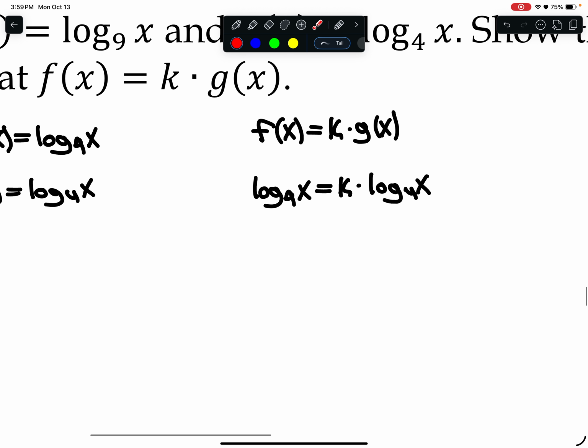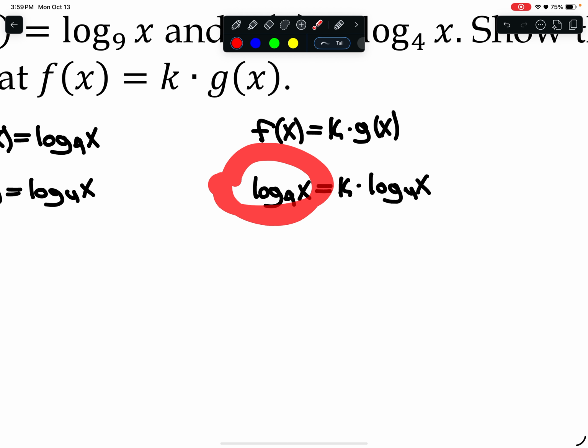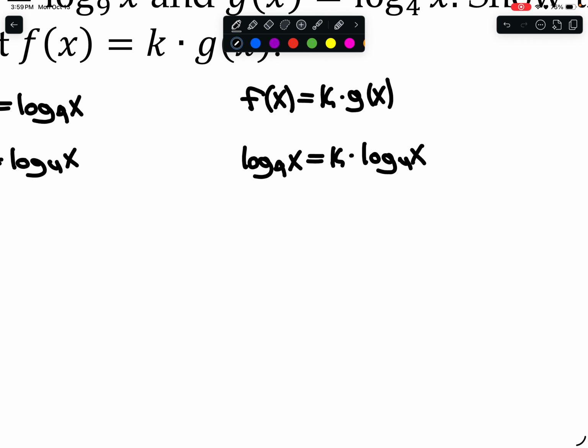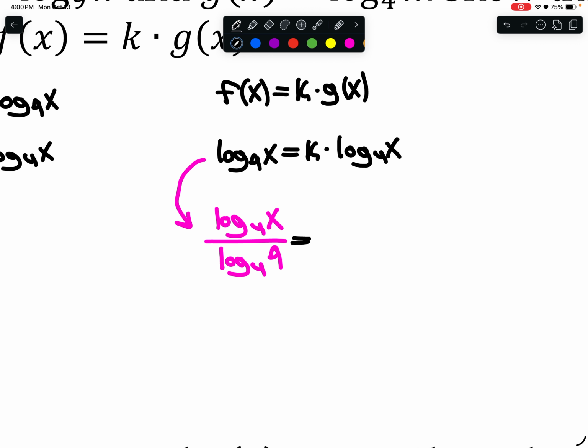Now remember, I want to get k by itself, which means I want to get rid of log base 4 of x. In order to get rid of it, I need the left side to match the base on the right side. So when I go through a change of base, I'm going to rewrite log base 4 of x over log base 4 of 9, and then that's going to equal k times log base 4 of x.